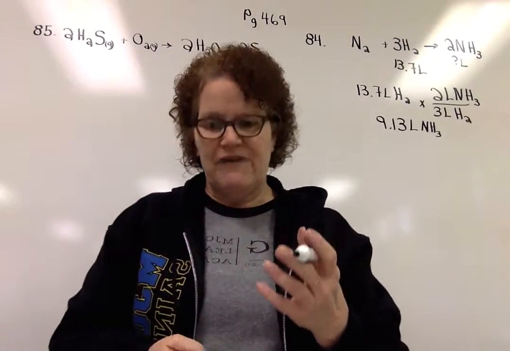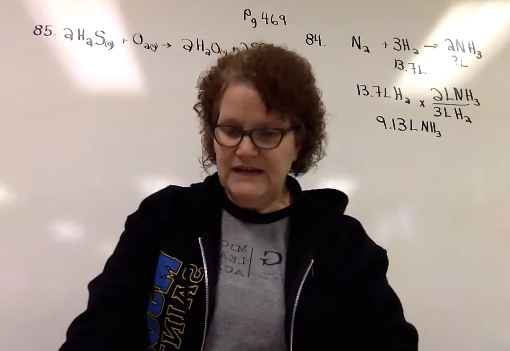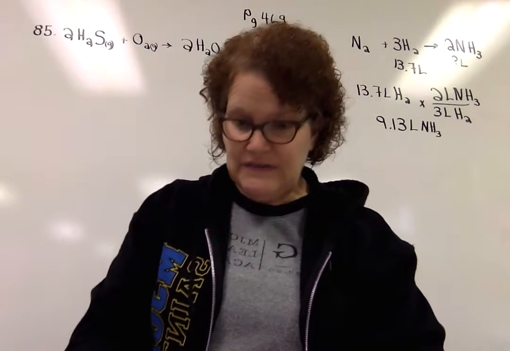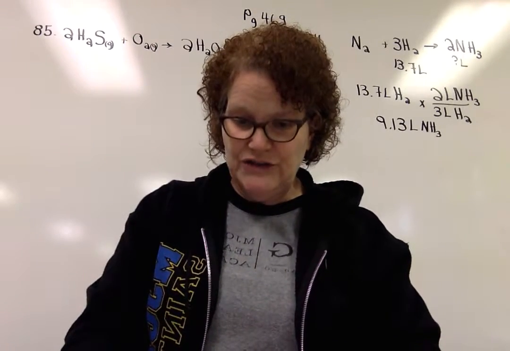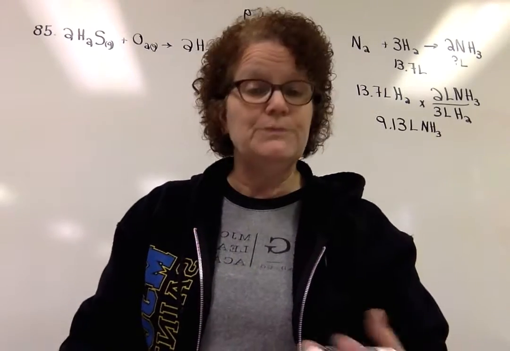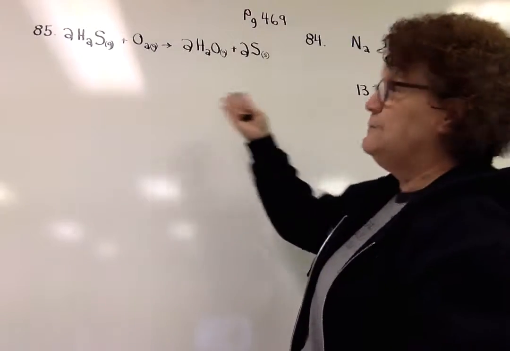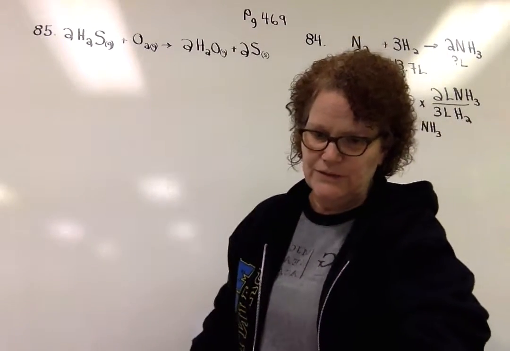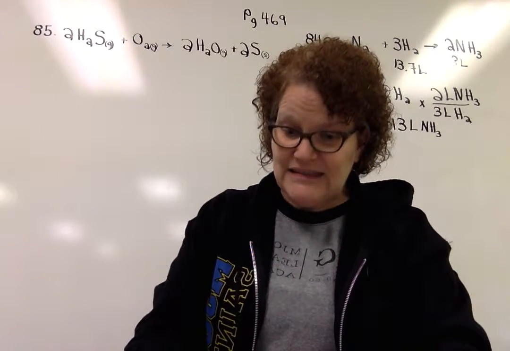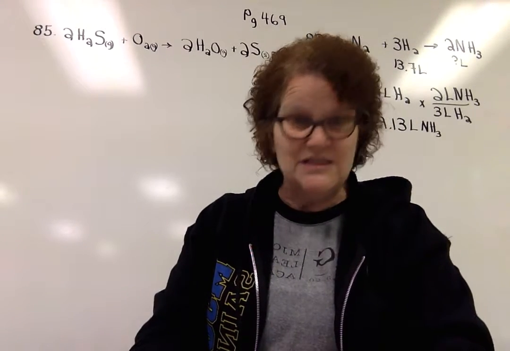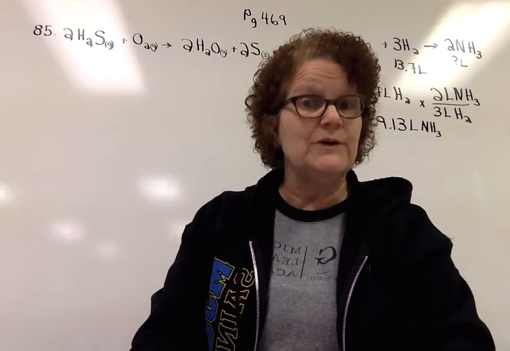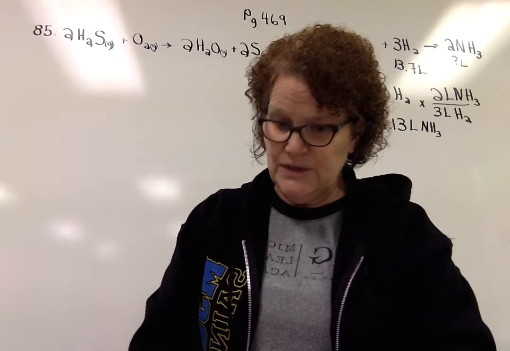Let's look at number 85. 85 says that we have a 6.5 liter sample of hydrogen sulfide, and that it's treated with a catalyst to promote the reaction. And then the book actually gave us this reaction here. It says, if the H2S reacts completely at 2 atmospheres and 290 Kelvin, how much water vapor in grams is produced?